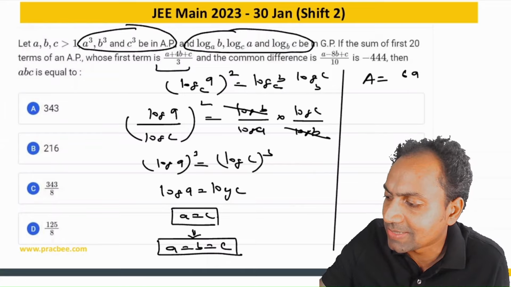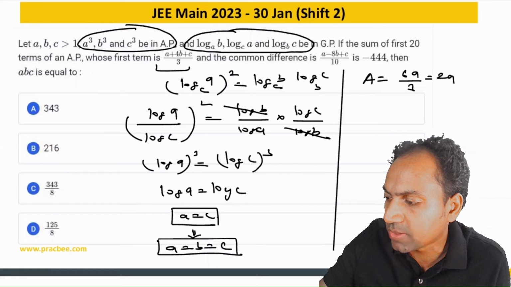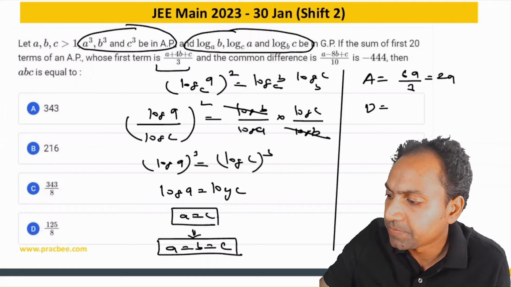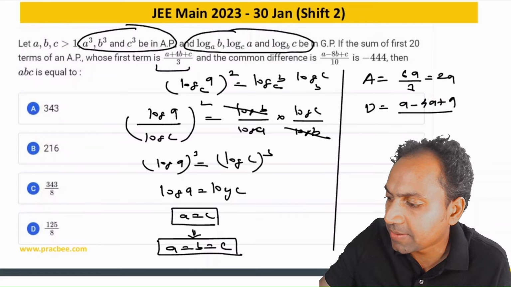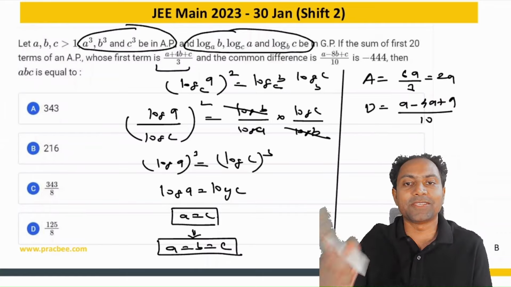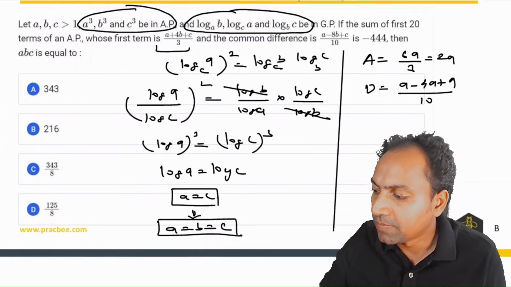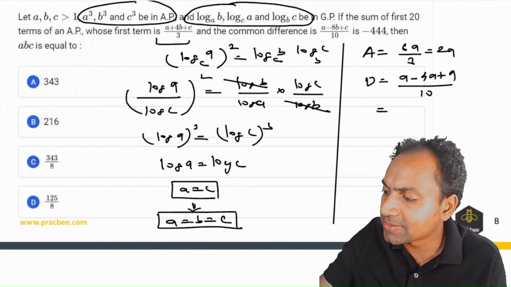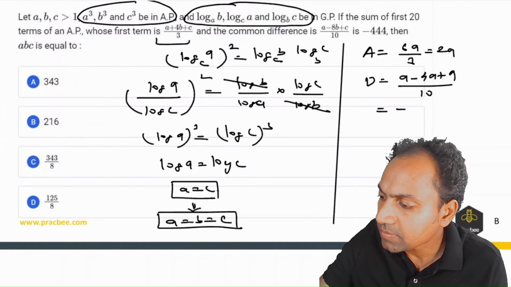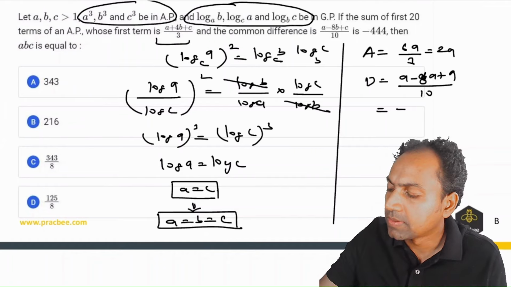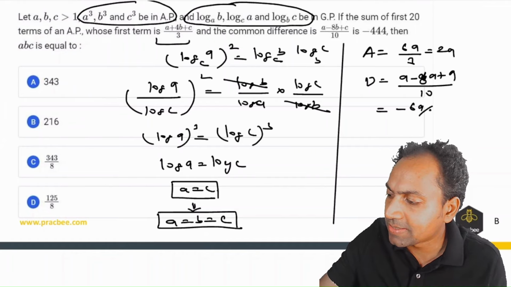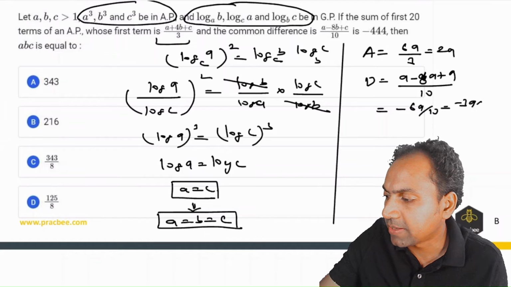So this becomes 6A by 3, so it becomes 2A. And if I want to find D, they have given it as A minus 4 times A plus A by 10. Again, I'm taking A, B, C all equal to A. Once I do that, what I'm getting is minus 6A by 10 or minus 3A by 5.